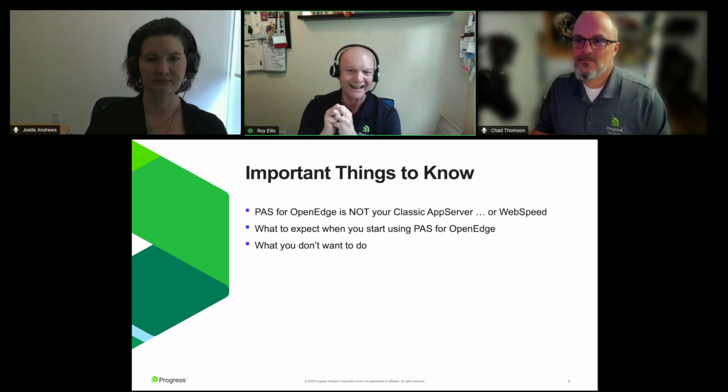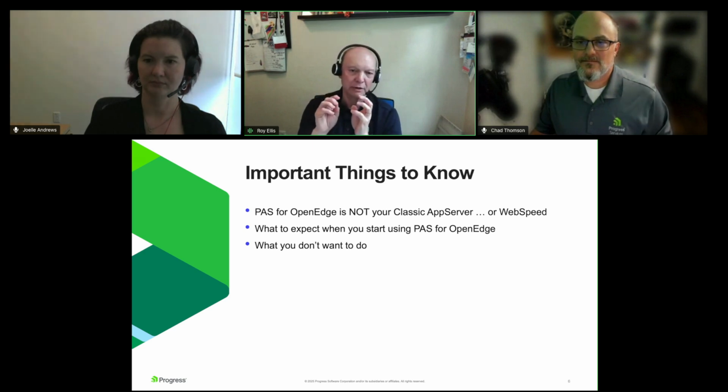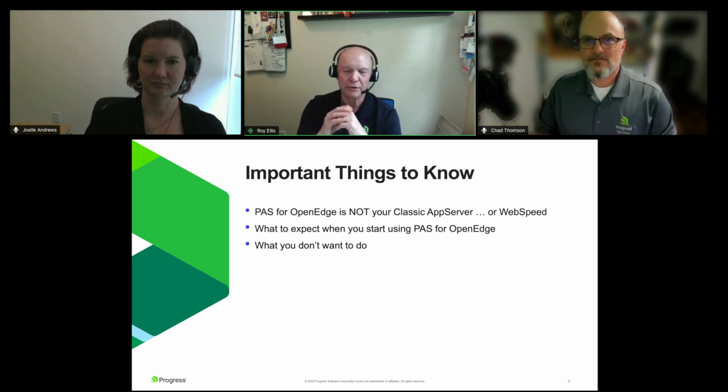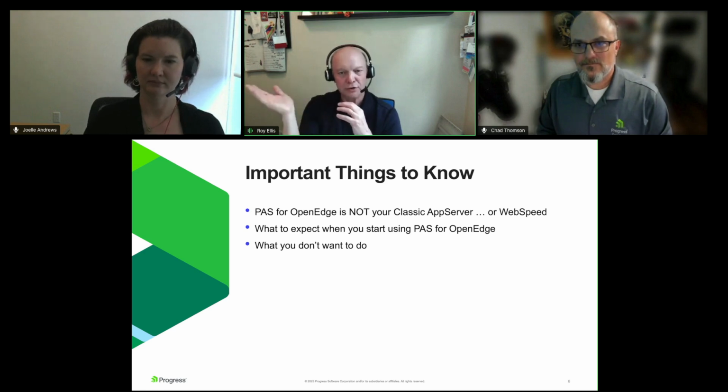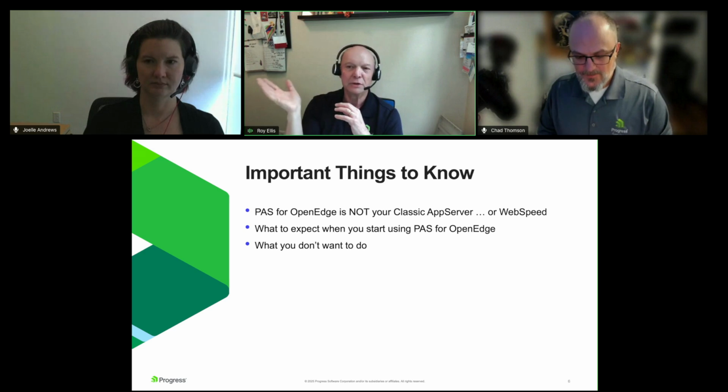No. Agents do not share information. However, if you have to stop an agent and you use our tools to stop an agent, what it will do is it'll say, hey, no more requests to this agent. It'll tell the broker, the Java portion that everything goes into, and it'll say no more for this agent, no more for these ABL sessions, and it'll send it to your new agent that's just sitting there waiting to do things. Then you can tell it, go ahead and drain these requests off.